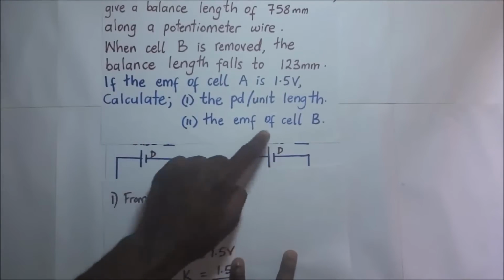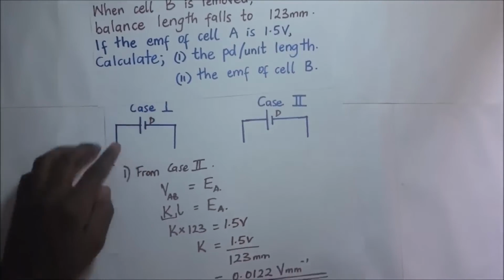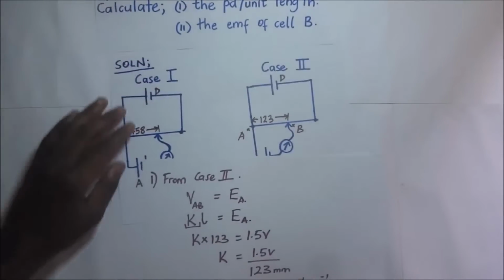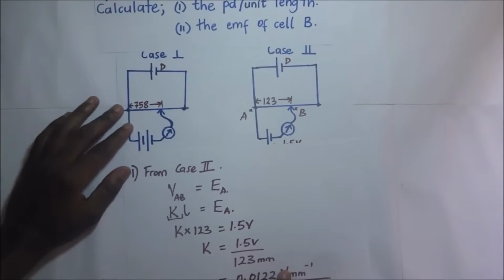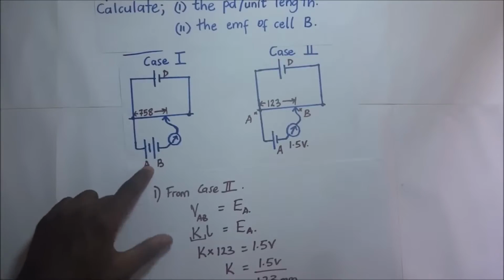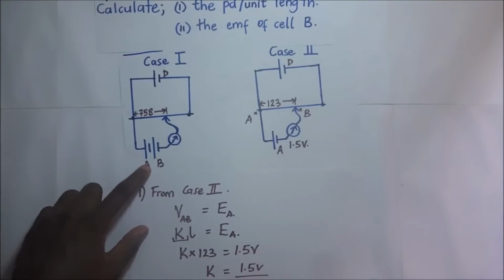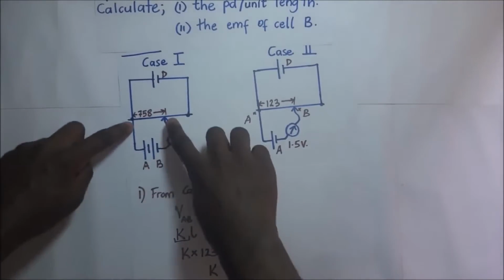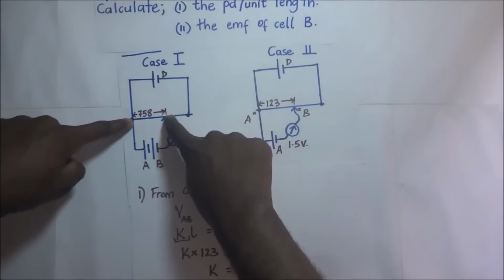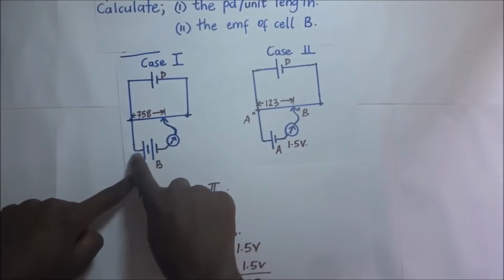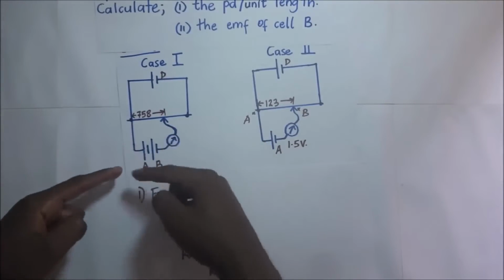So now Roman 2, they want us to find the EMF of cell B. If we look at our second diagram here, to find the EMF of cell B, we are still going to use the same principle that at balance point, the PD across this portion is going to be equal to the PD across whatever is in the secondary circuit.